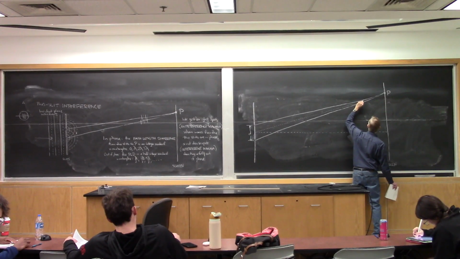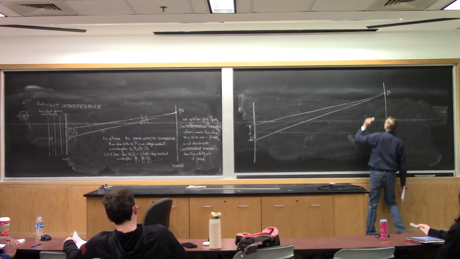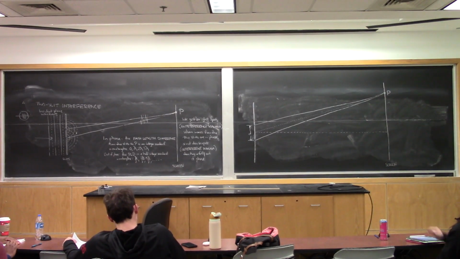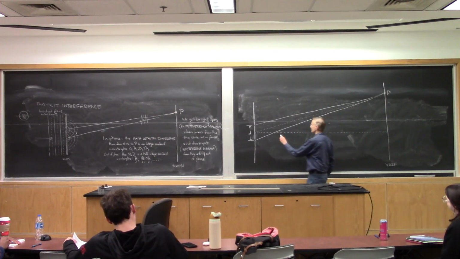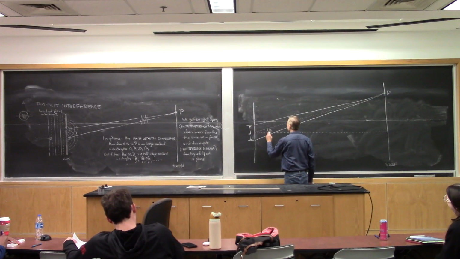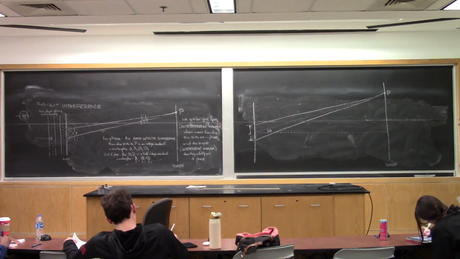Your picture will be perfect, especially if you're using an iPad that just corrects everything. So there's the center line, and there's the line from halfway between the slits to point P. We're going to call this angle between the center line and point P, as seen from the slits, angle theta.